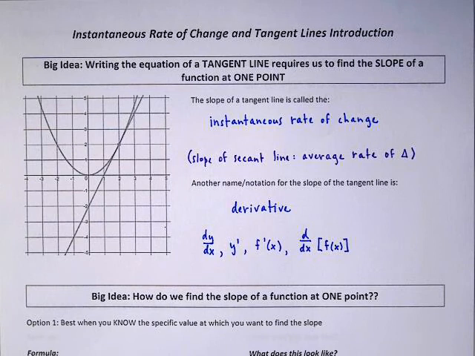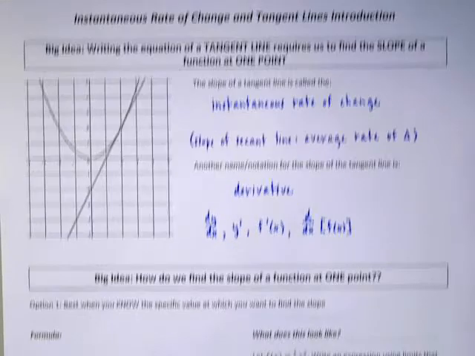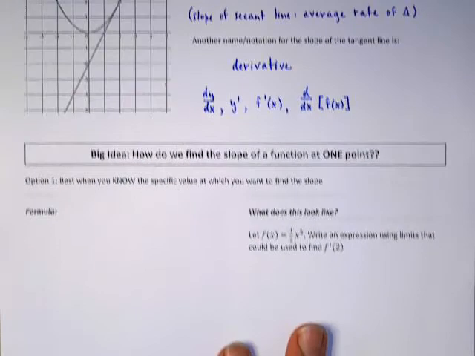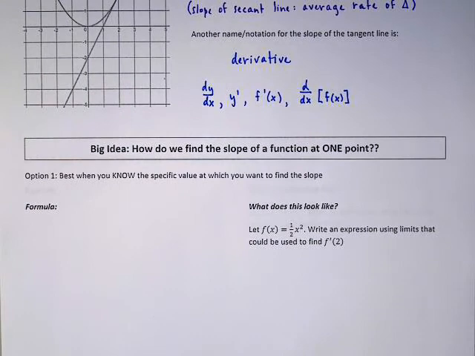Now, what we talked about in Desmos was actually how do we find that slope of the function since we only have it at one point. And we're going to learn a few formulas here, and each one is going to be specific to a certain type of scenario. Now, our first option is when we know the specific value at which we want to find the slope.